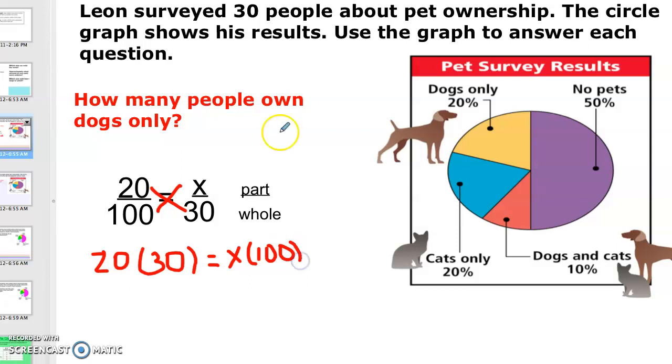Now we can simplify this. 20 times 30 is 600. And I'm going to rewrite x times 100 so our number comes first, which is 100x.